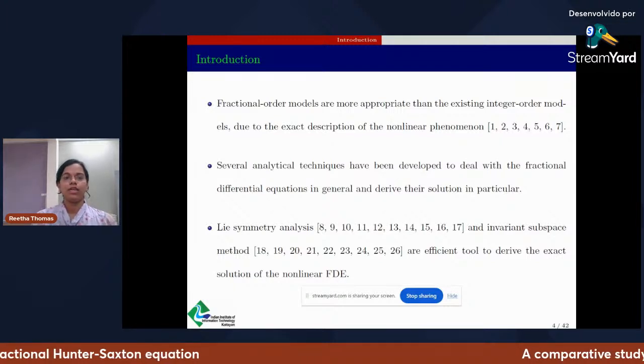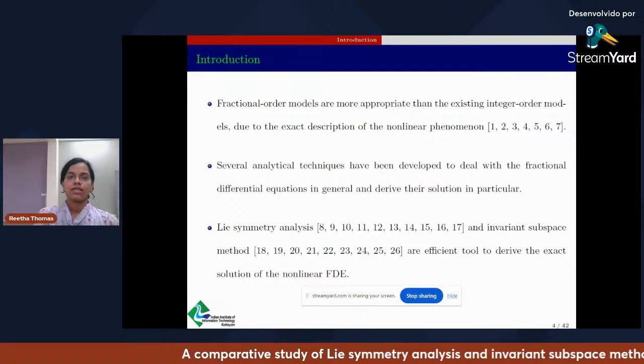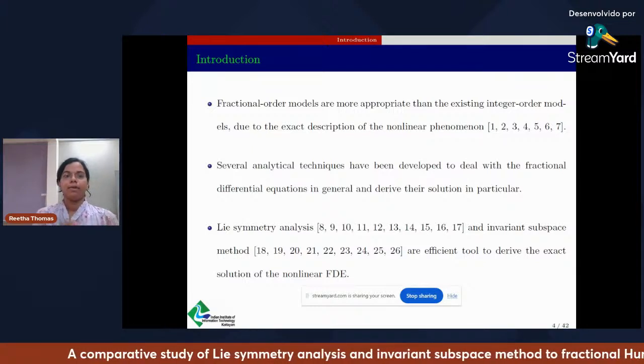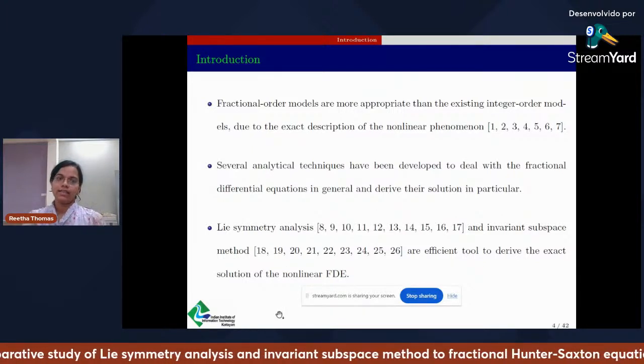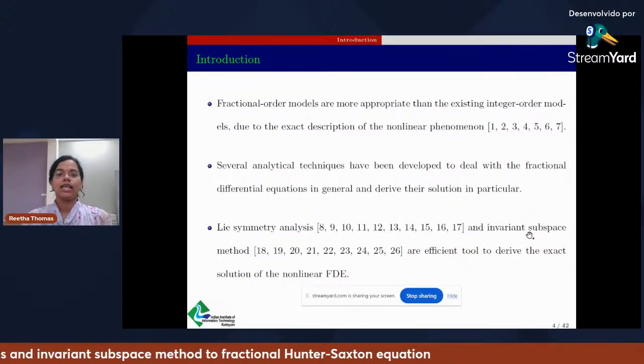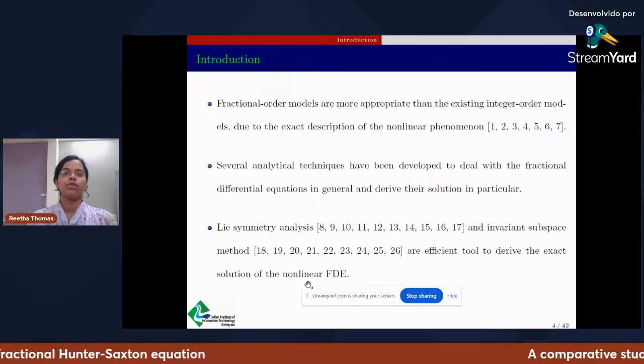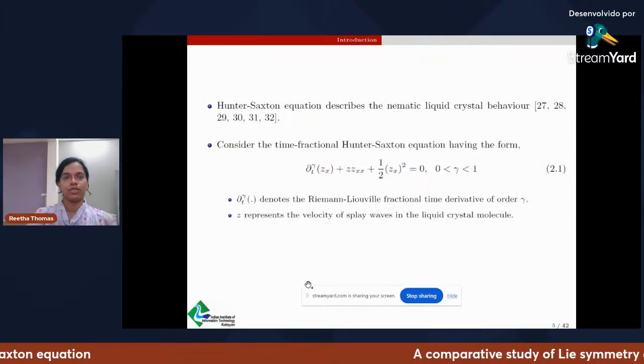So to find an analytic technique to find the exact solution of fractional differential equation is a difficult task. Among such analytical techniques, Lie symmetry analysis and invariant subspace method are the efficient tools to derive the exact solution of nonlinear fractional differential equation.